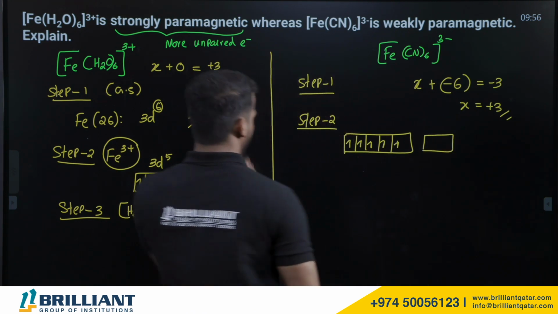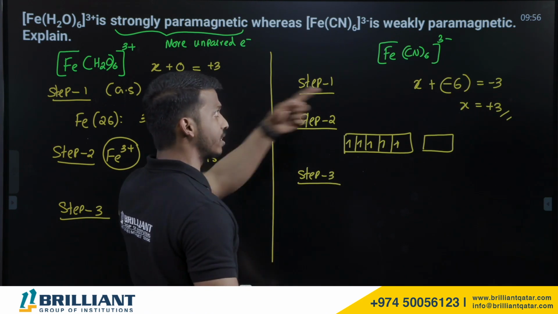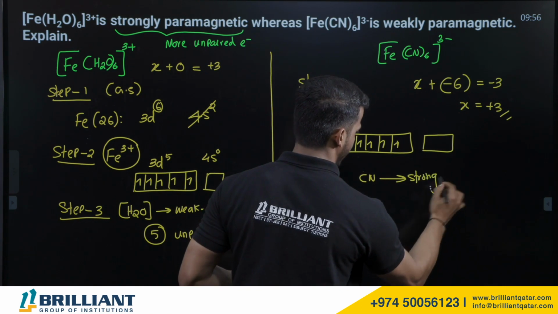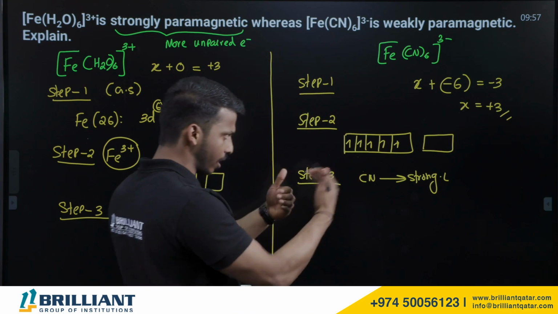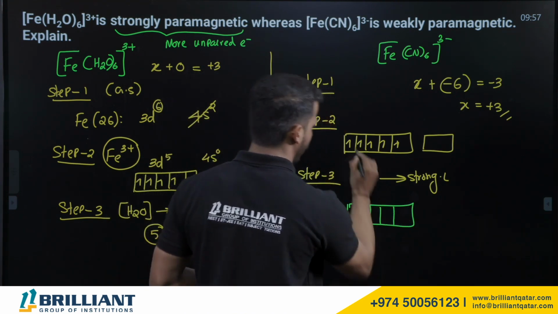Then step number 3, let us check our ligand. There is a change in ligand. The ligand is cyanide. Dear students, cyanide is a strong field ligand. If there is a strong ligand, we have studied that electrons undergo pairing. So we can draw how the d orbital electrons will pair.